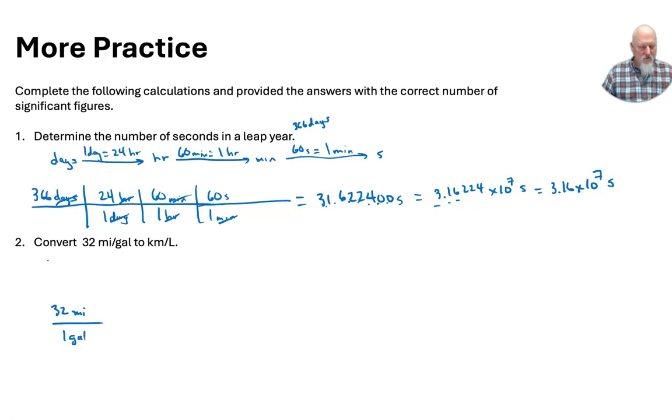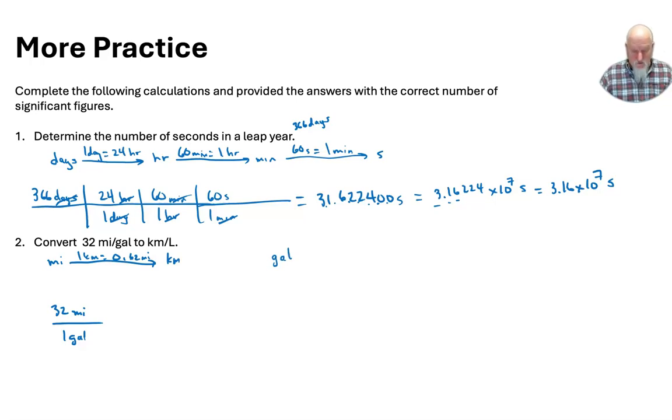So we need to convert miles to kilometers. So we know that 1 kilometer is 0.62 miles, because that's in our conversion tables. And we need to go gallons to liters.